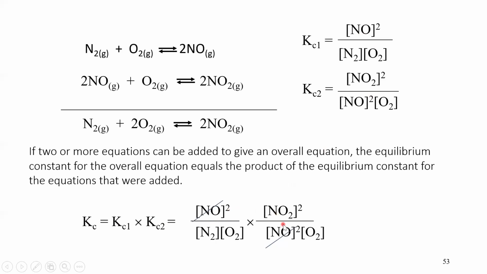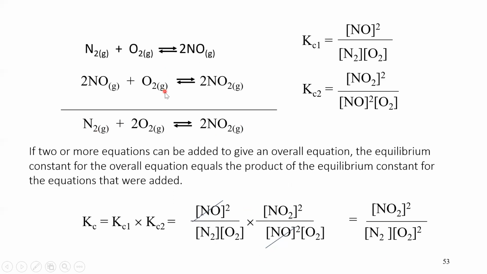If we were to multiply these two equilibrium expressions together, NO squared here and here cancels out, and we're left with our products over our reactants raised to the power of the coefficient in the balanced equation for the overall reaction.